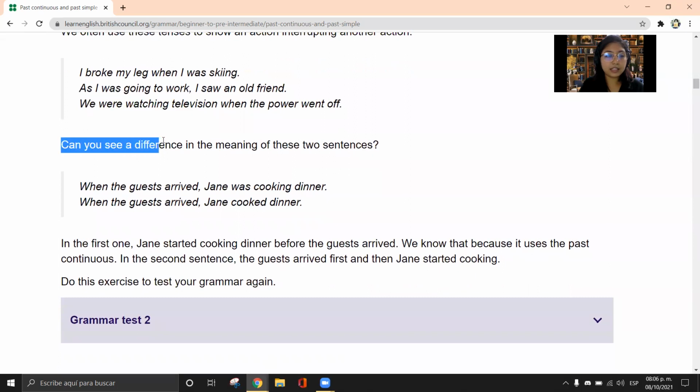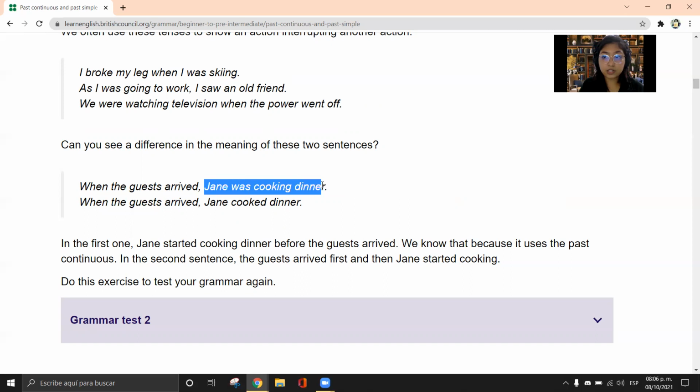Okay, let's see. Can you see a difference in meaning of these two sentences? Let's see if we can. When the guests arrived, Jane was cooking dinner. When the guests arrived, Jane cooked dinner. So here both situations are the same, okay?